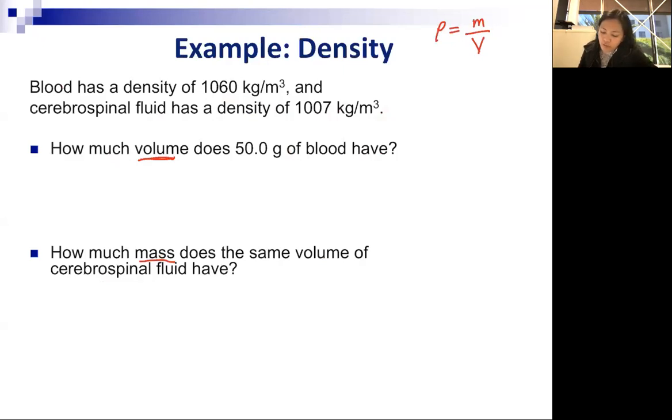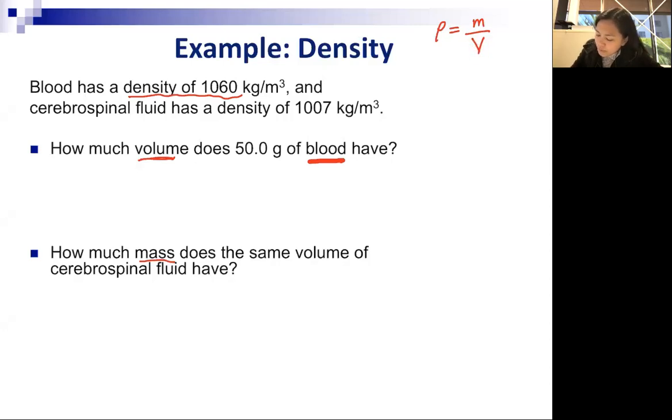So how do we find the volume? We're given the density of blood, 1060 kilograms per cubic meter. We know density is equal to mass divided by volume. We're given the mass and the density, and we need to find the volume. So we rearrange this equation. We've seen this kind of rearranging before, but I'll just emphasize it again.